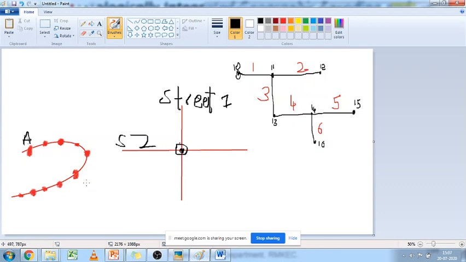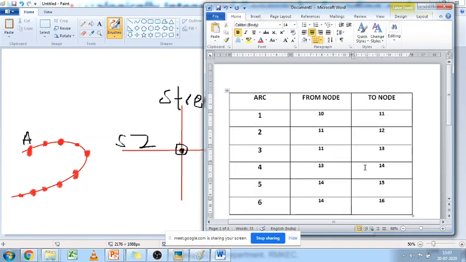Is that clear? We are taking into consideration two streets, street 1 and street 2. This is how the node interaction is being shown, with two coordinates, x and y, the latitude coordinate and longitude coordinate.